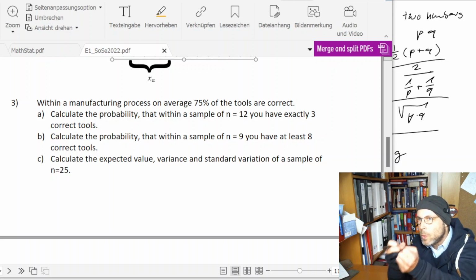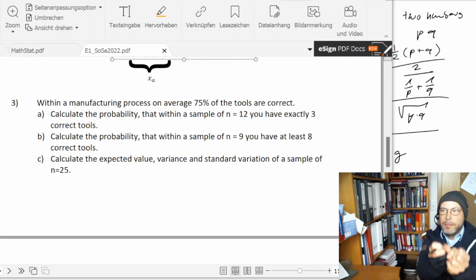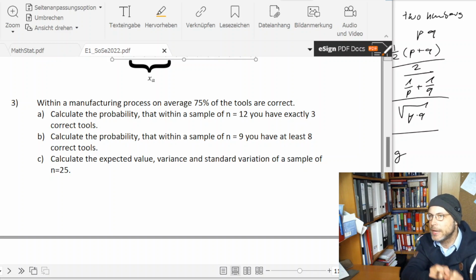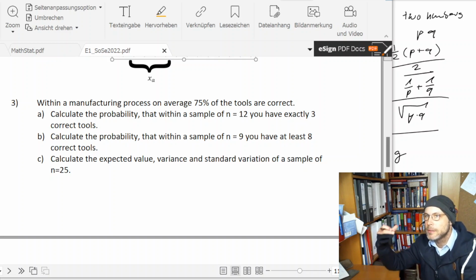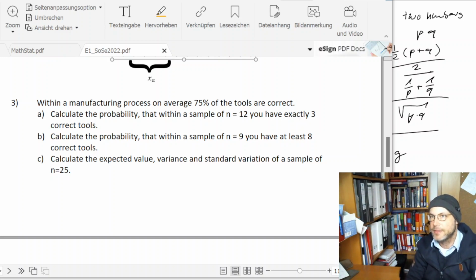We ask what is the probability that we just take by random 3 of the tools out of this sample of total number 12, the probability that my 3 tools which I have drawn are correct ones. Because from the whole sample, let's say 25,000 tools, I know 75% are correct. Which distribution?